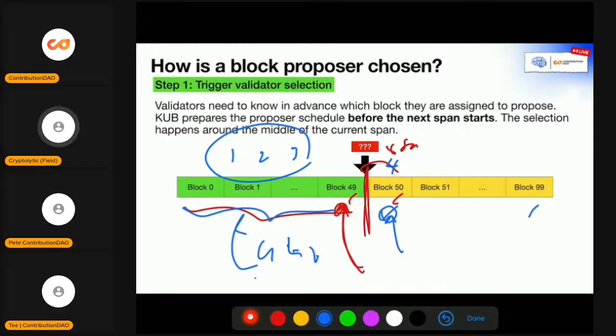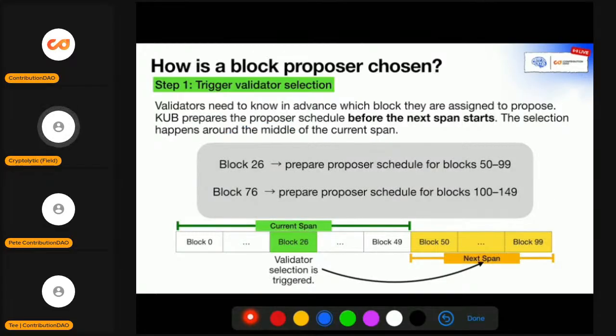But once you go from this block to this block, validator 4 becomes the proposer and has less than 5 seconds to prepare itself for the upcoming span and the upcoming block. So it is not going to be efficient at all. So KUB Chain is quite simple.